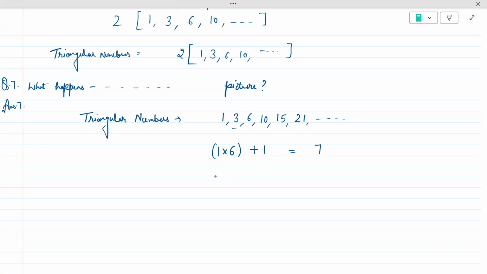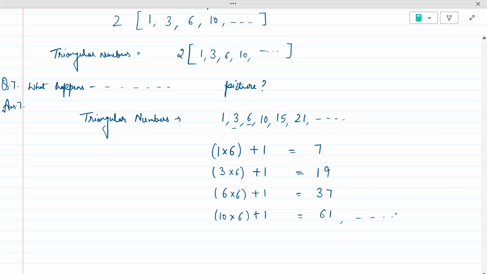To the next number, again we will multiply by 6 and add 1. We will get 19. To the third number, we will again multiply by 6 and add 1 to it, and we will get 37.